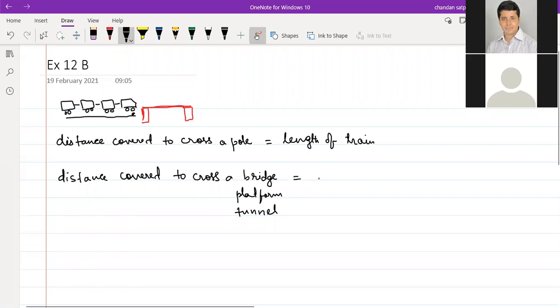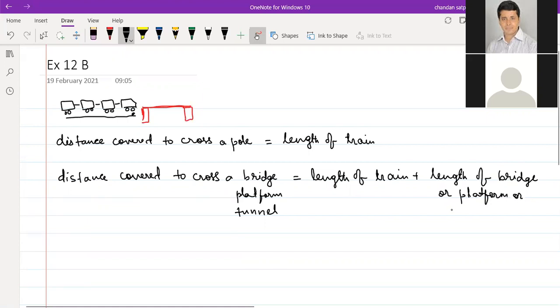That will be equal to length of train plus length of bridge or platform or tunnel.